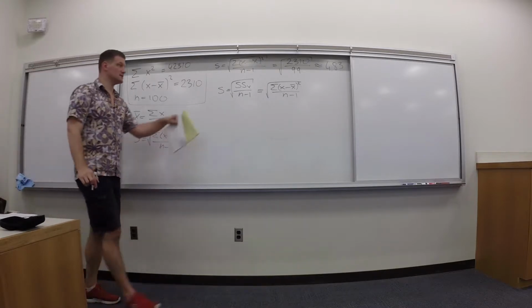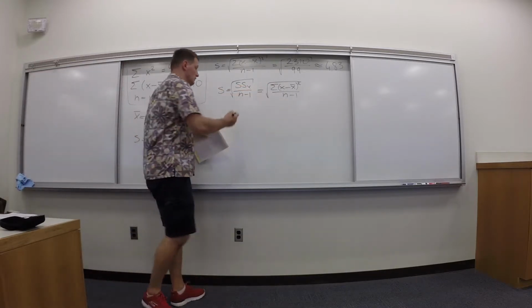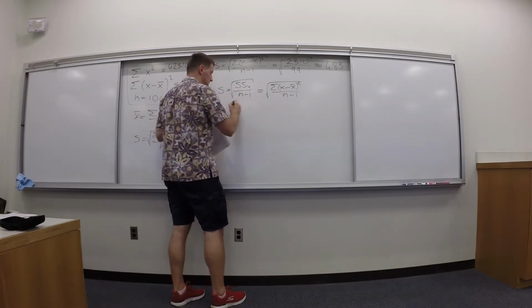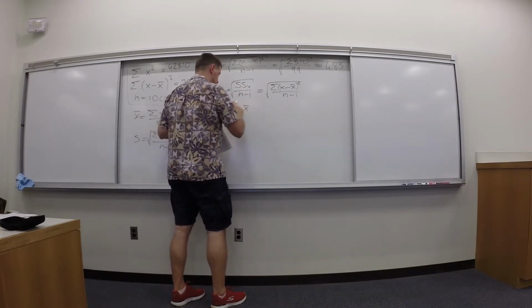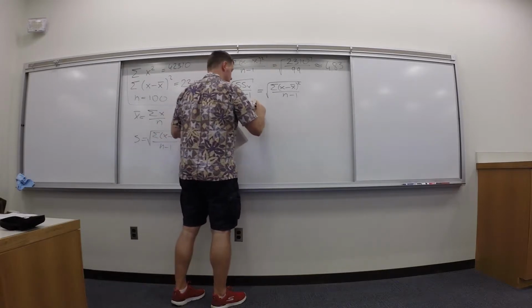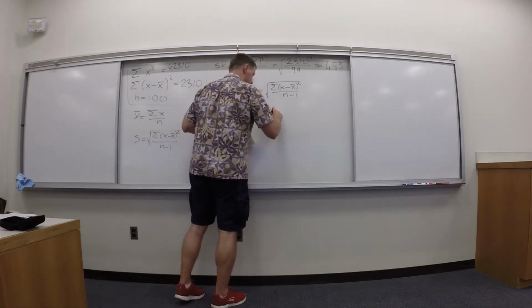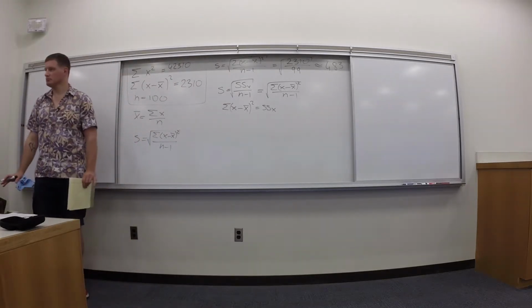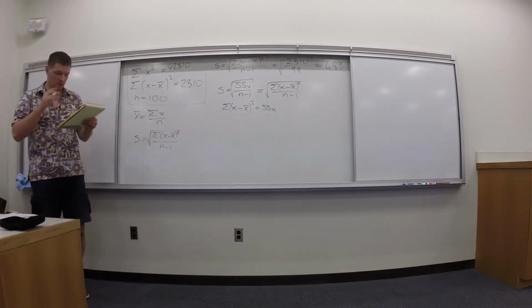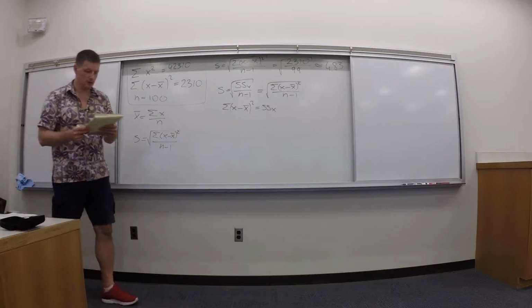So how much is SS from this equation? Well, if we look at this, this and this have to be the same thing. Yes? So far, everybody's with me. Comfortably. Okay. Then we look at the next one.